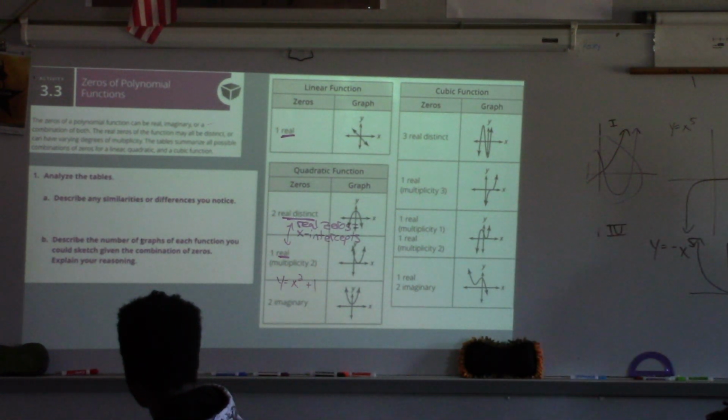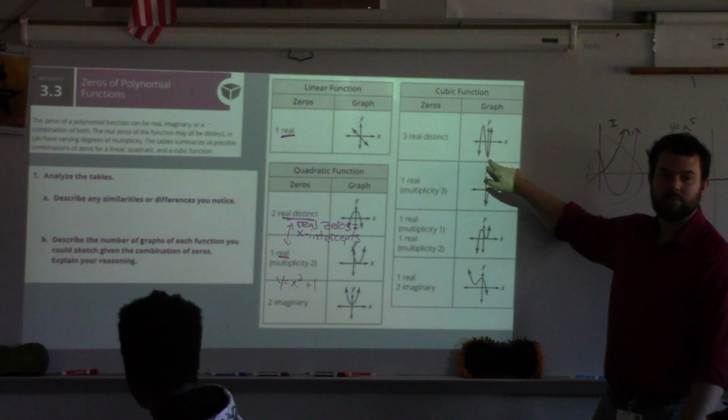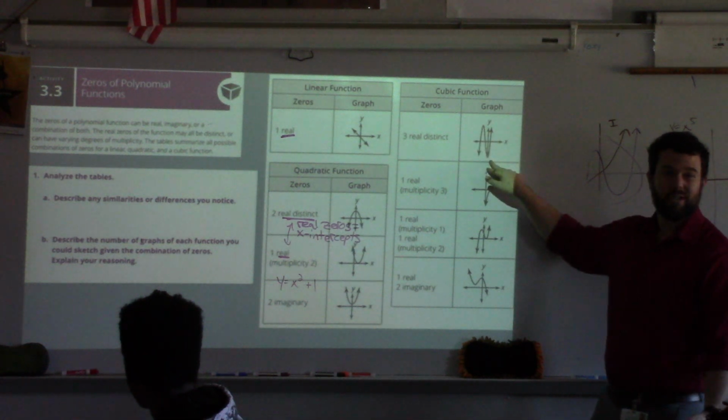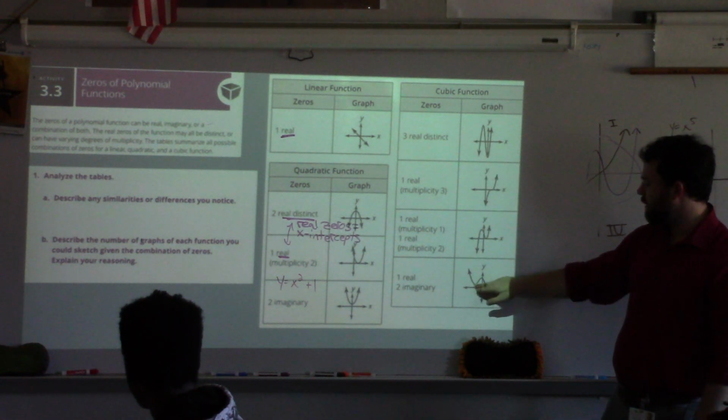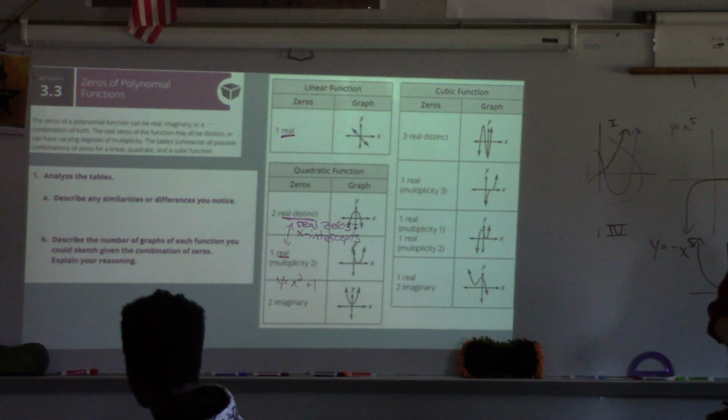So we need to notice this pattern of how these zeros are happening. When I look here at the cubic function, how many extrema did I have? 2, 1 less than the degree. Here I had 2, here I had 2. Notice there are some cases where we don't have the 2 though. So we wanted to see how those things are working.